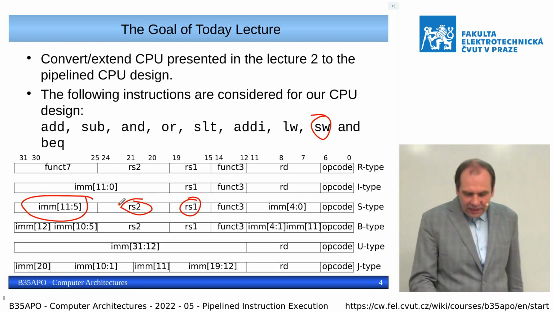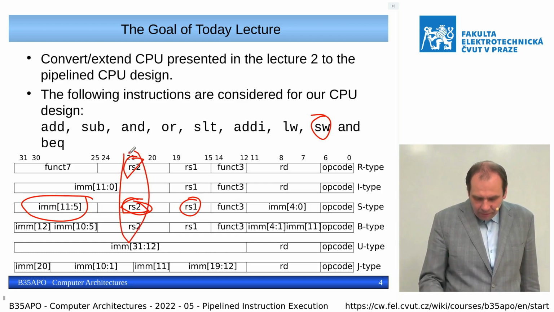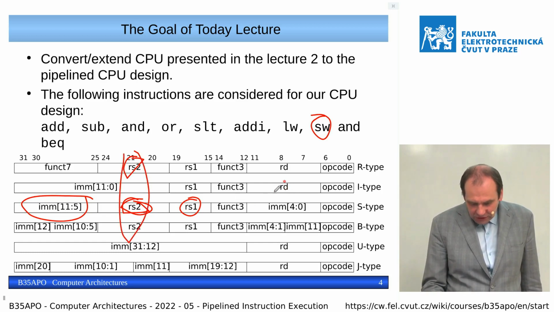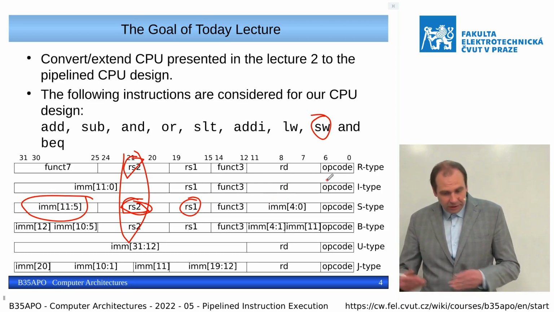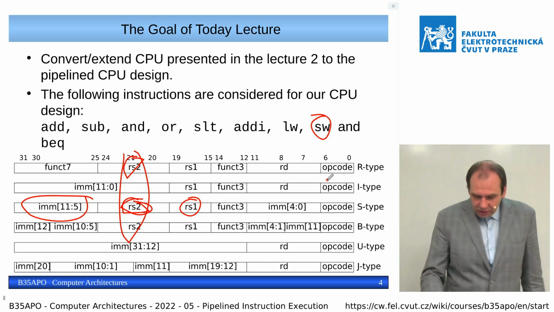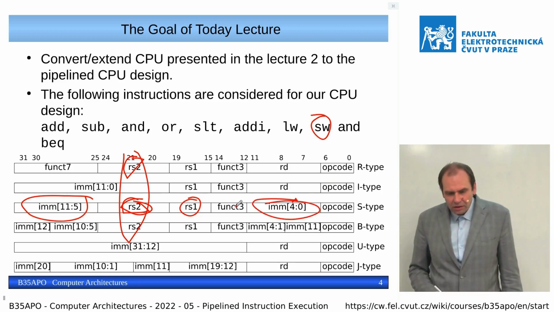And in this case, the encoding is a little irregular: we use two source registers, so they are kept in their position, and the destination register is not used for the store word operation because the destination is the memory. So we can reuse that area for the rest of the immediate operand.